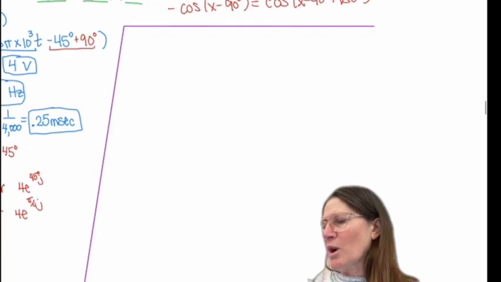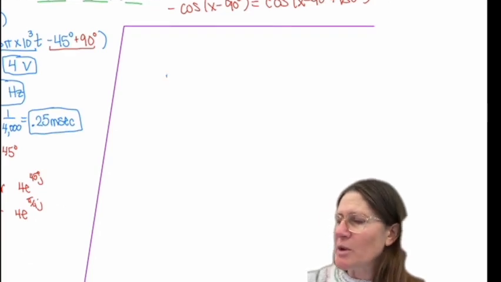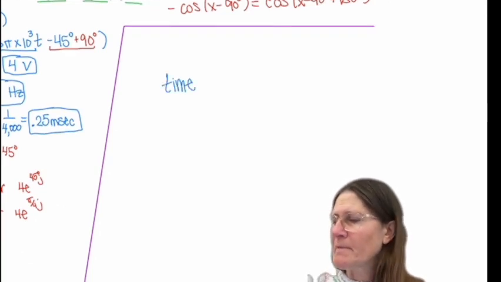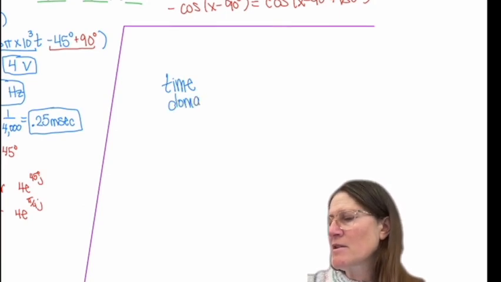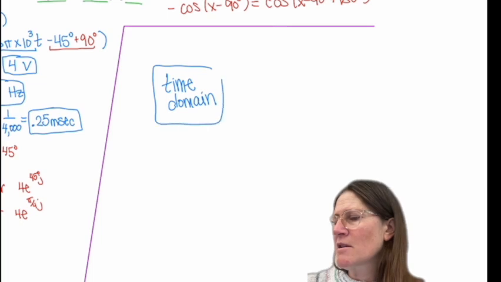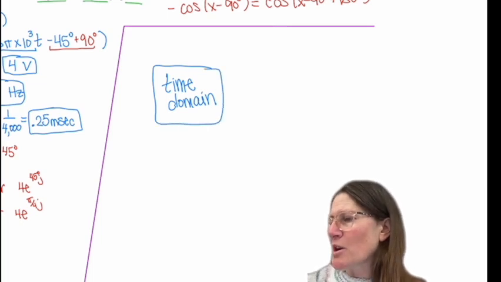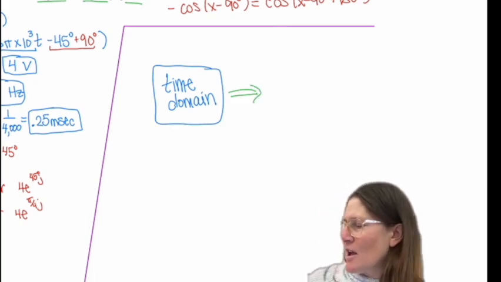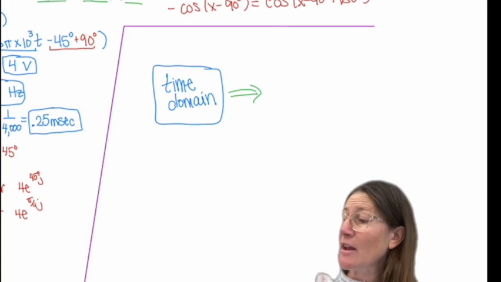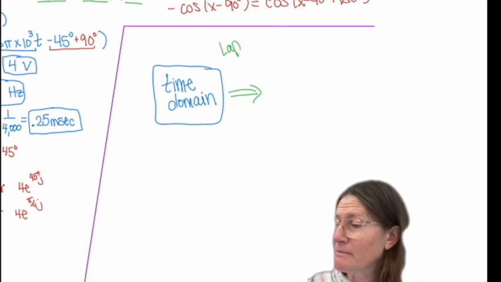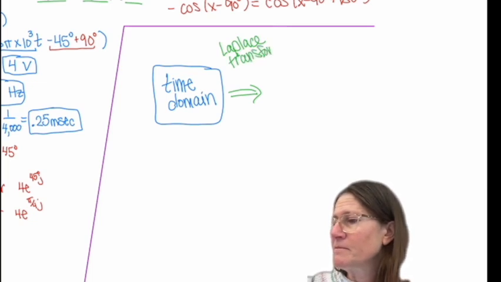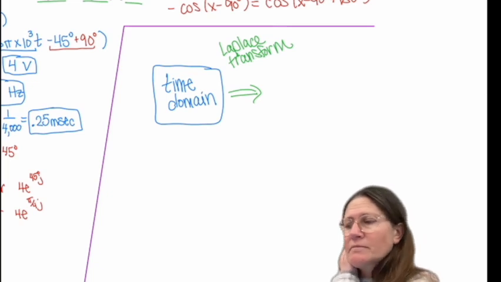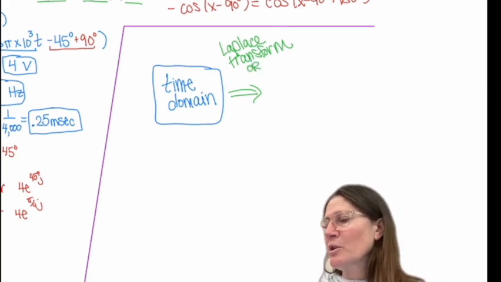So what we're doing is we have our time domain. We're using what we call transforms. And later on, you're going to learn that this is a Laplace transform. There's also a Fourier transform.